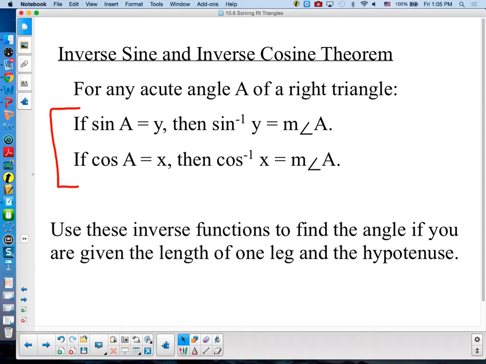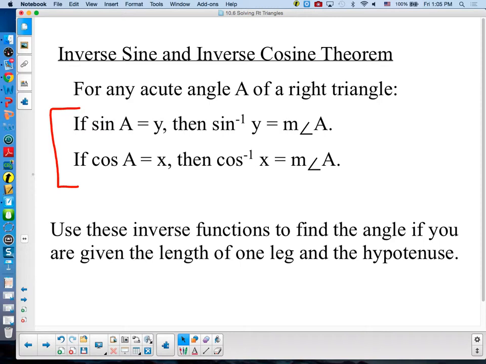Okay, so then we'll go back to a few example problems where we have to find some angles. So I want you to find the angle.